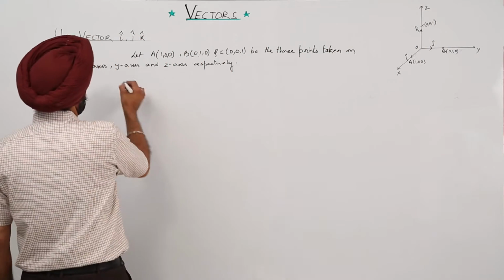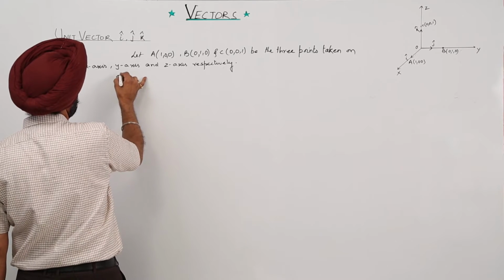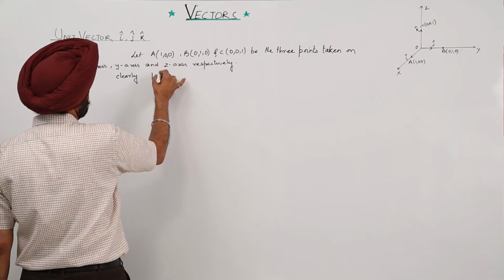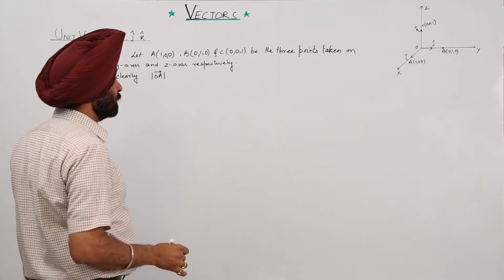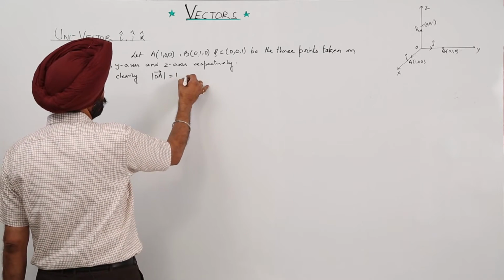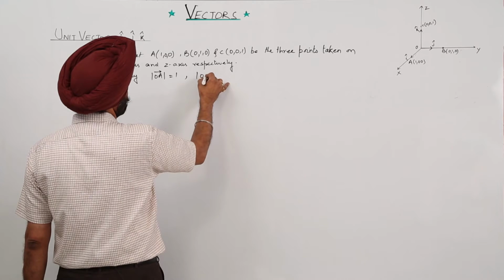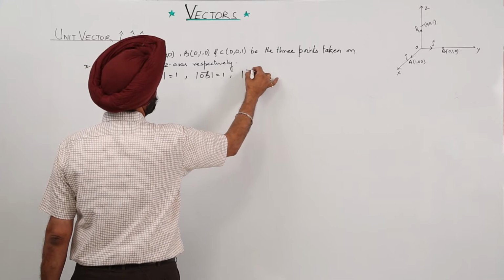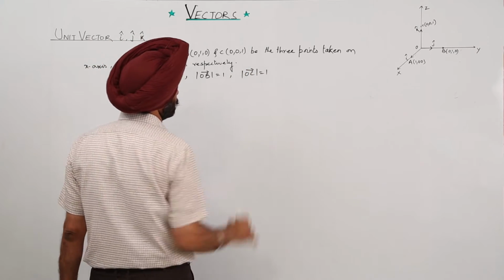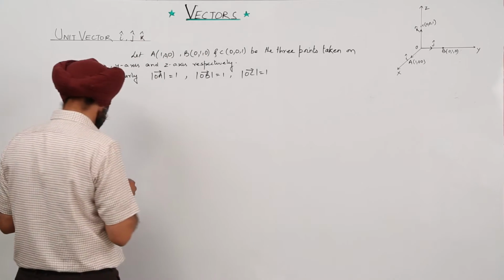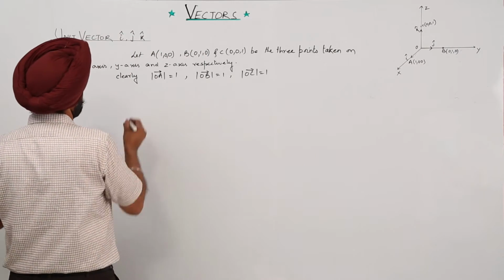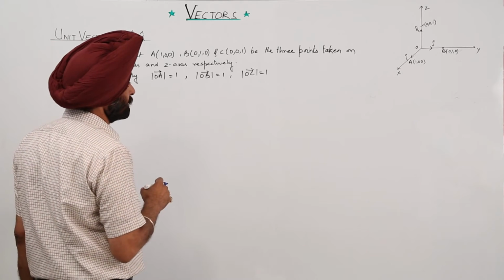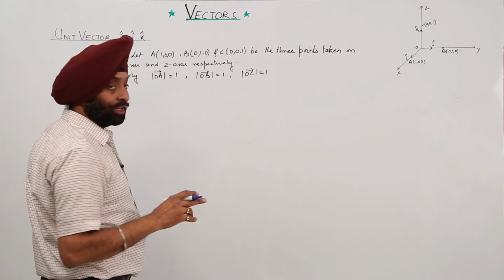Now clearly, the length of vector OA is 1, the length of vector OB is equal to 1 and the length of vector OC is equal to 1. Now each of the vectors has magnitude 1.